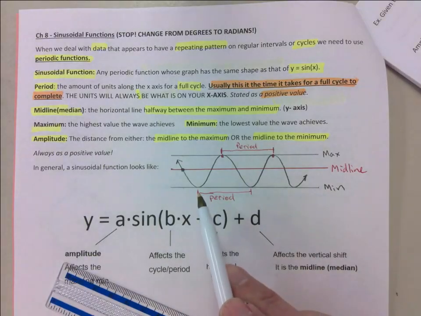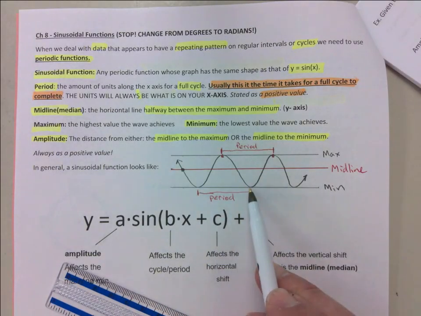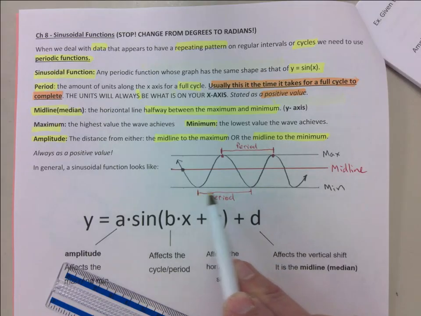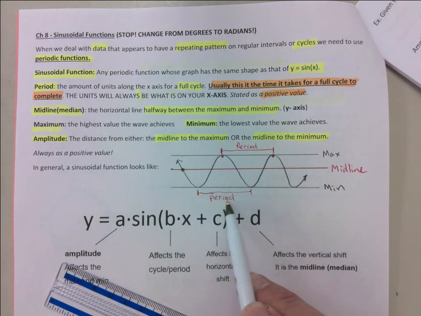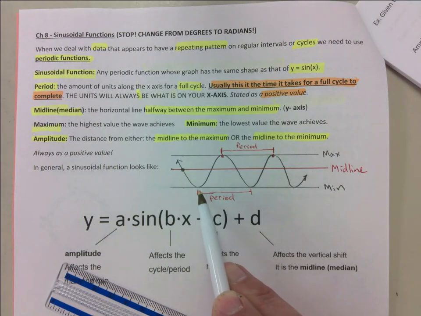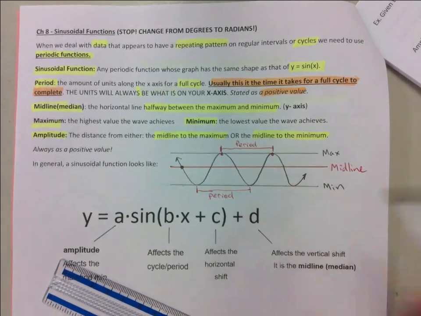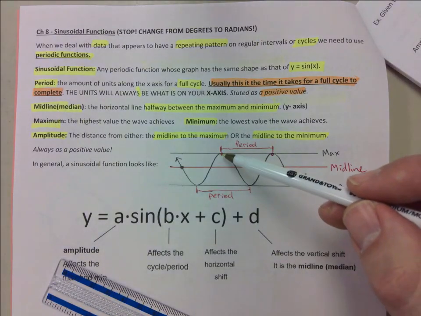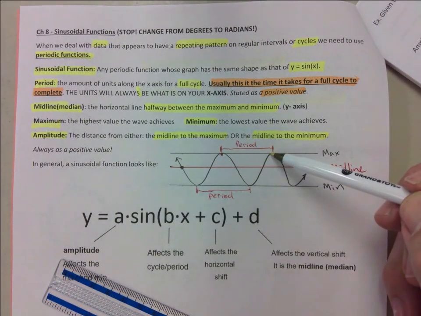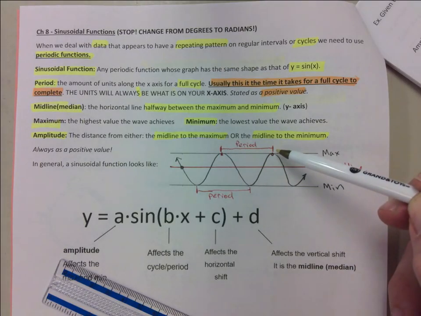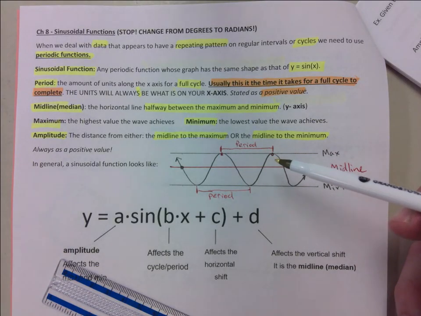You can also just look at two low points and find those two values, and when you subtract, it's going to be the same. So the distance from one low point to another low point is always going to be the same. Similarly, if you take two max, that is what we consider a period.